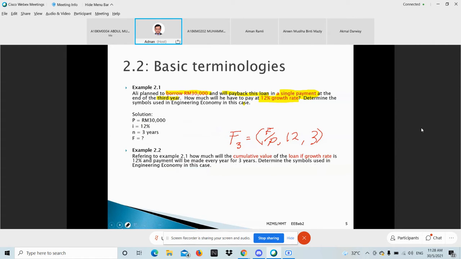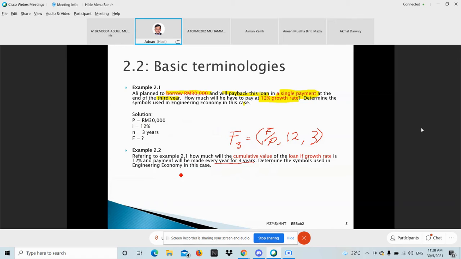Determine the symbol. So now the payment is not 3 years from now, but every year for 3 years.